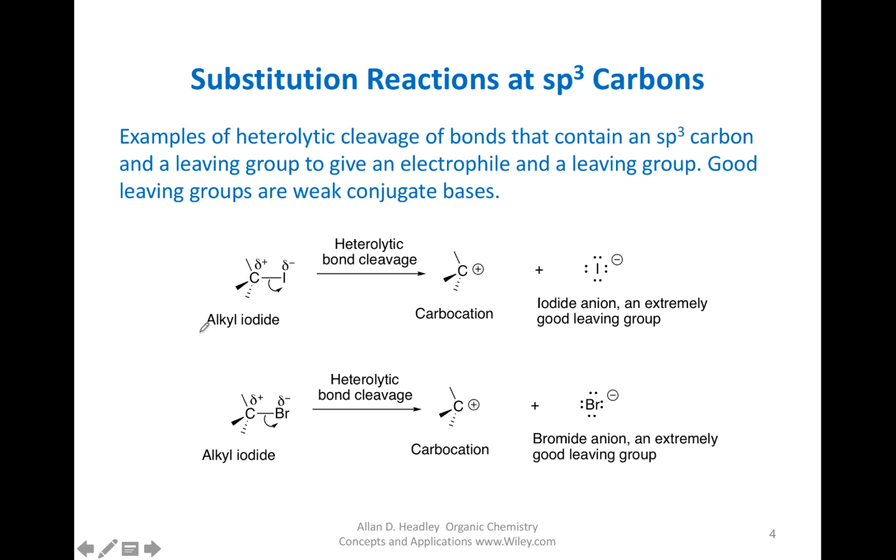Let us look at this one, alkyl halide. So we have a halogen here, in this case iodide, bonded to carbon. Iodine is more electronegative than carbon. So this is a polar covalent bond right here. It can break heterolytically, where these electrons here go to the iodide to form the iodide anion. As you will recall, the iodide anion is very stable.